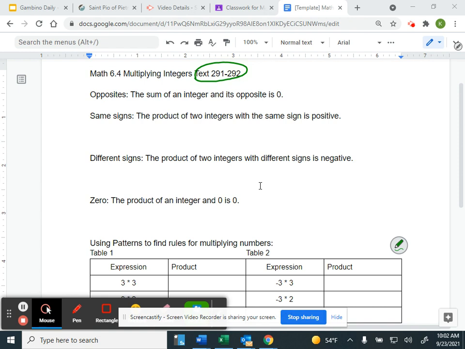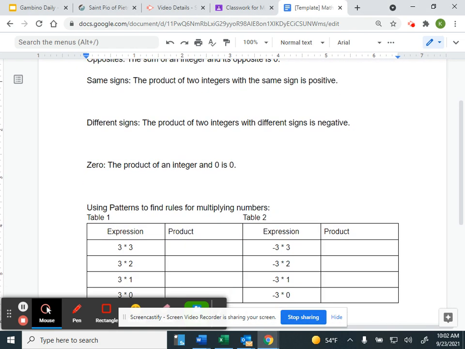So just a review of what we talked about yesterday real quick. The sum of an integer and its opposite is 0. If we are multiplying, remember, sum means adding, product means we are multiplying. So if we are multiplying things with the same sign, a negative times a negative, a positive times a positive, our answer, that product, will always be positive.